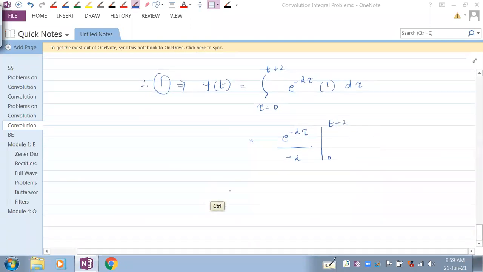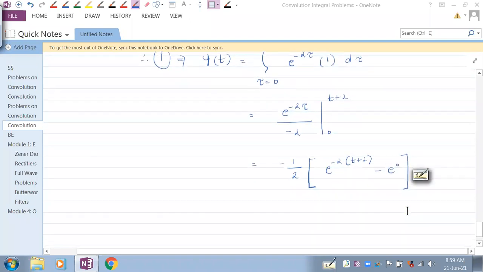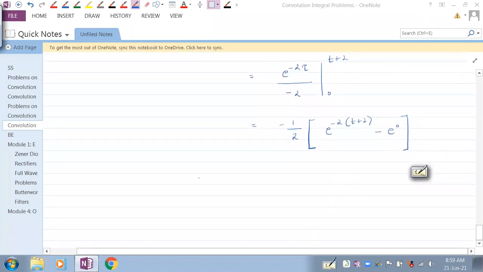So is this okay with you? Now, this is minus 1 by 2 e power minus 2 times t plus 2 as tau, minus e power 0, that would be 1. So we can write this as y of t equal to half, 1 minus e power minus 2t minus 4.